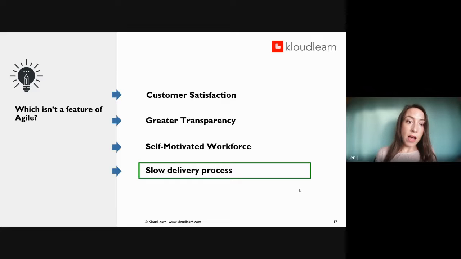Which of these is not a feature of Agile? Customer satisfaction, greater transparency, self-motivated workforce, and slow delivery process. Slow delivery process is not a feature of Agile. It actually improves faster delivery process.